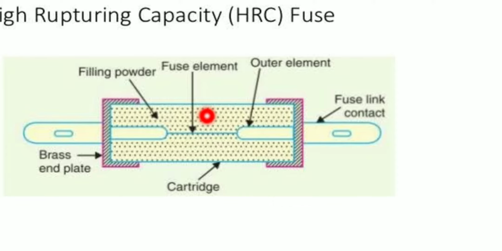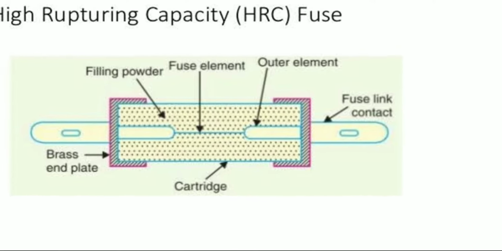During this time, if the fault gets removed, it does not blow off. Or else, if the current exceeds the limit, it is going to melt out completely. So the fuse element is connected between the two end caps here.